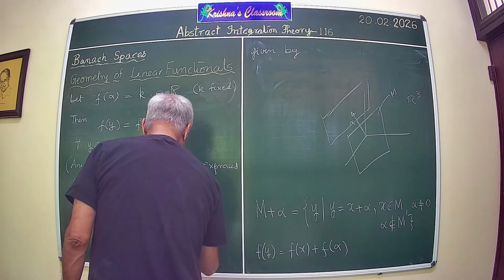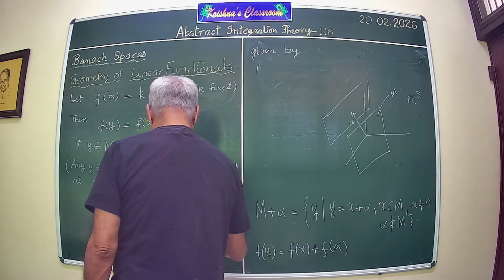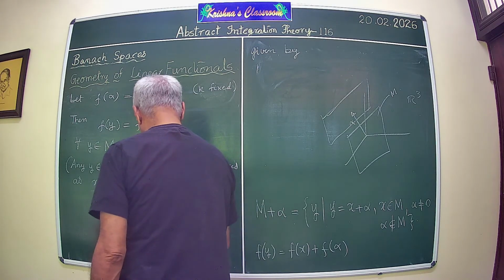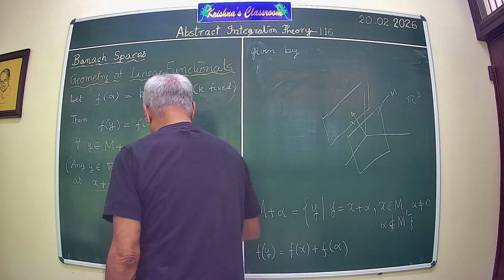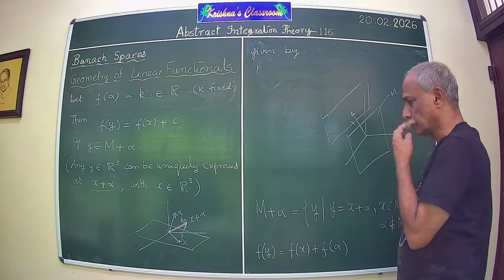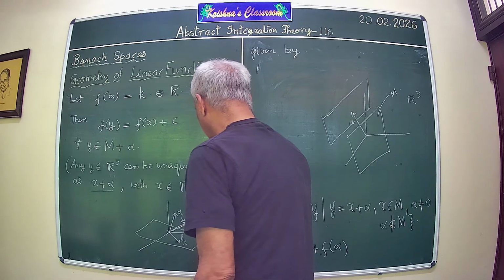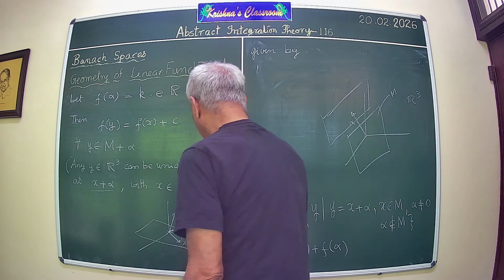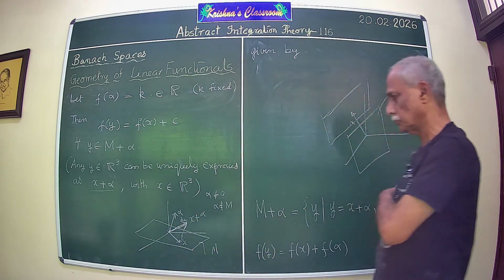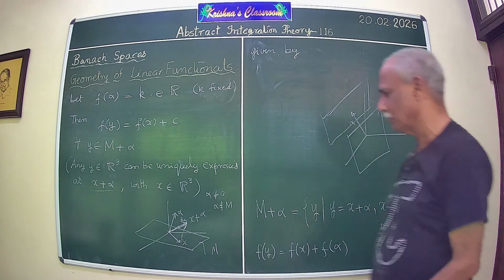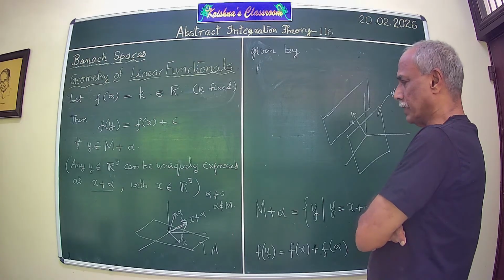What you do is you just sum it up, so this is x plus this vector, x plus alpha: complete the parallelogram and take the diagonal. x belongs to M and alpha does not belong to M, alpha not equal to 0. Simply say alpha does not belong; it's enough, because 0 is always there. Okay, then you can sum it up.